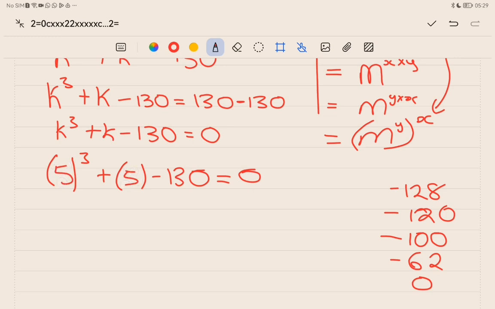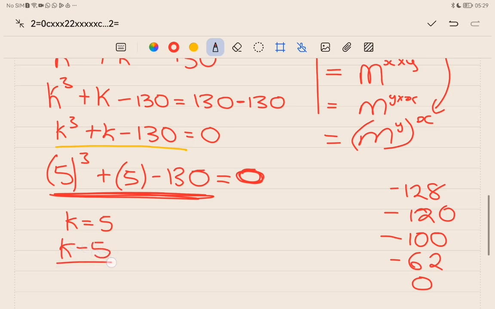So in order for us to find the factor of this, we can use 5. So if k is equal to 5, for this equation to be equal to 0, it means that the factor is k minus 5. So to find the factor, you just transpose the 5.